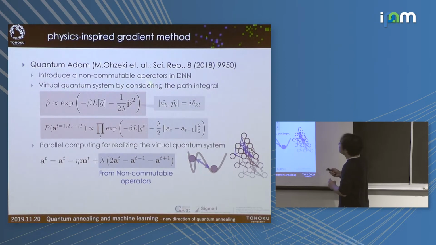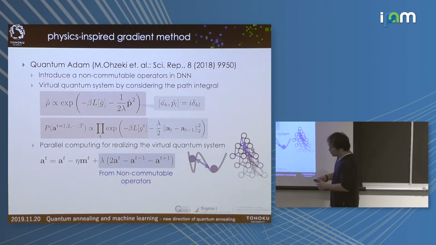It is very easy: introduce non-commutable operators in deep neural networks. For example, A denotes the weights of the neural networks, and we consider non-commutable operators like momentum. Then we introduce kinetic energy like this, and consider the density operator like this.